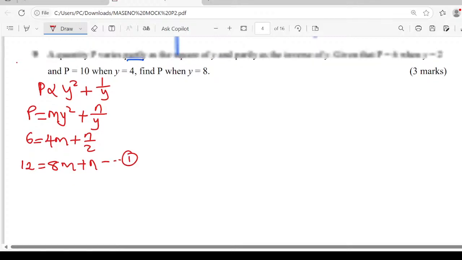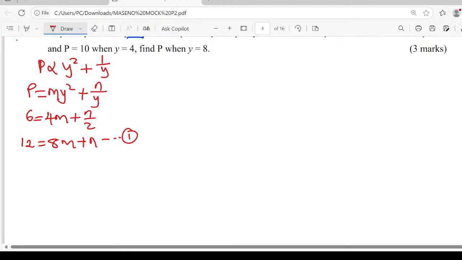Equation number 2, they are saying P is 10 when y is 4. So 4 squared will become 16m plus n over y, which is now 4.